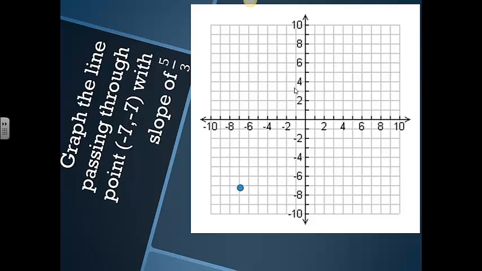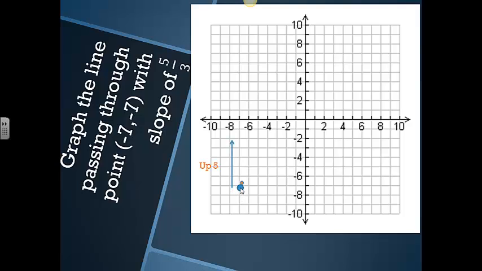All right, let's try our last example. Graph the line passing through the point negative 7, 7 with the slope of 5 thirds. Okay, so again, I'm going to start at the origin. I'm going to move to the left 7 and then up 7. There's my first point, negative 7, 7. And then I have a slope of 5 thirds. So that means my rise is a positive 5.